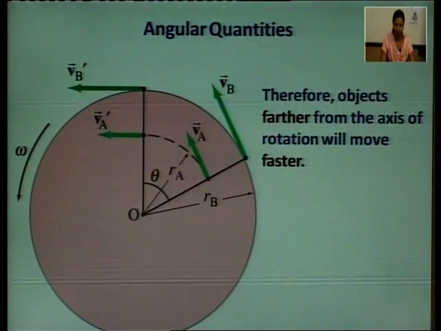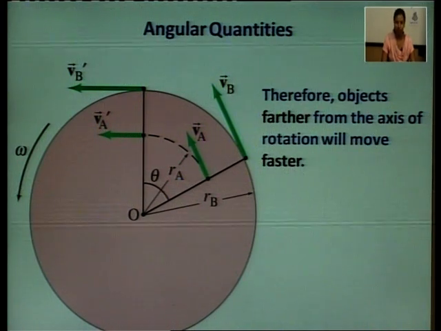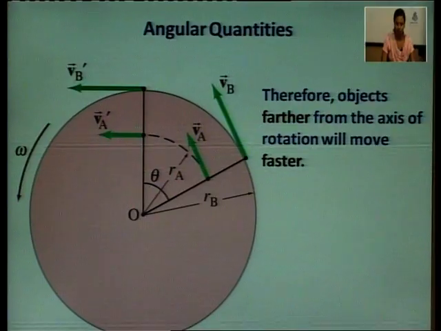Since the body is moving in a circle, its position is changing, which means its direction is changing. So, velocity is changing with respect to time in circular motion. Velocity changes from vA to v prime A and vB to v prime B.